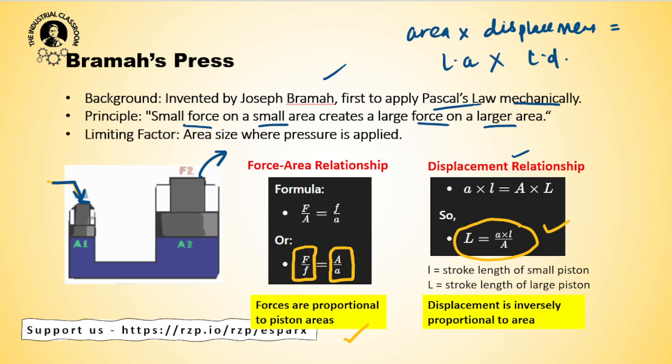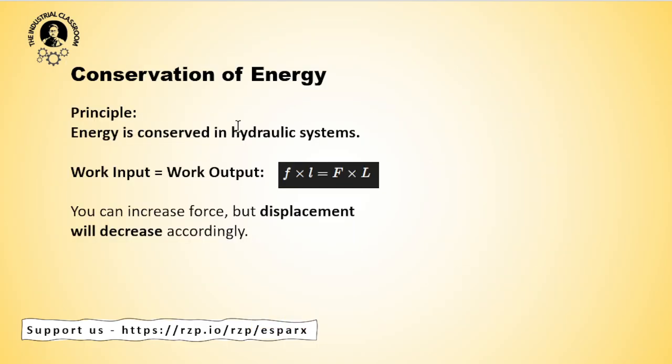For example, here for A1, let me give a displacement of 1 meter. Then what will be the displacement here, that capital L, we can calculate it by this method. This is a simple example of what we can do.